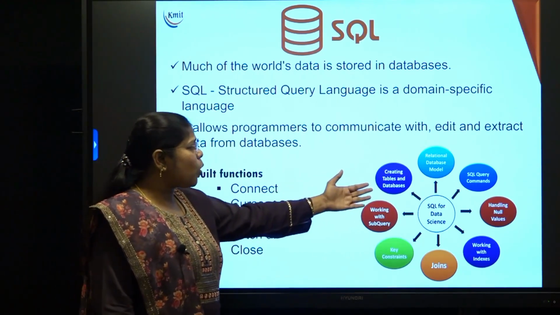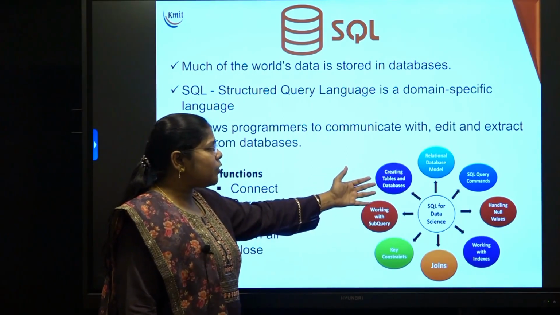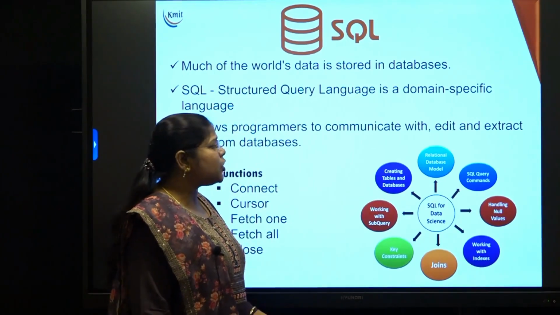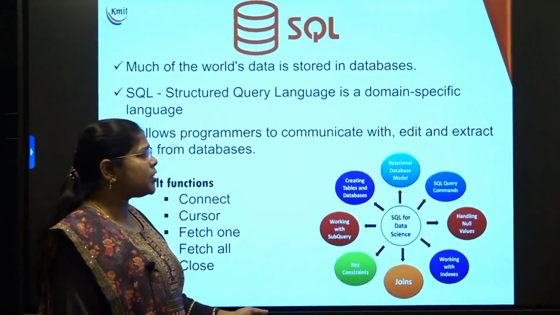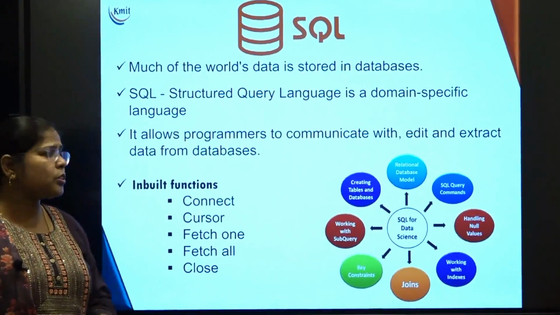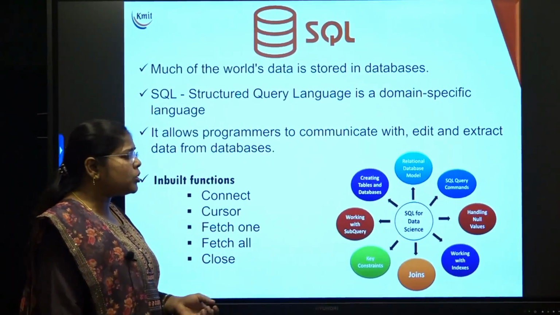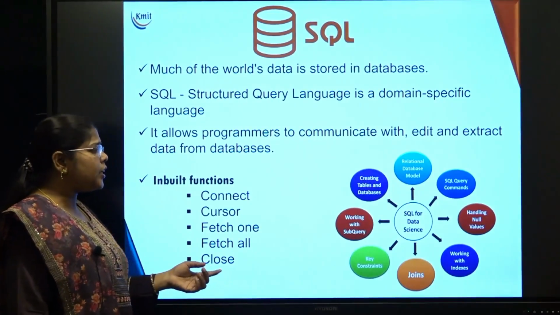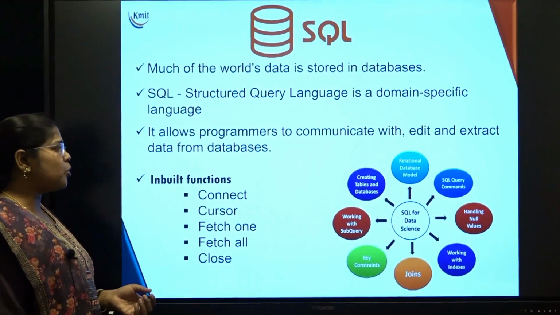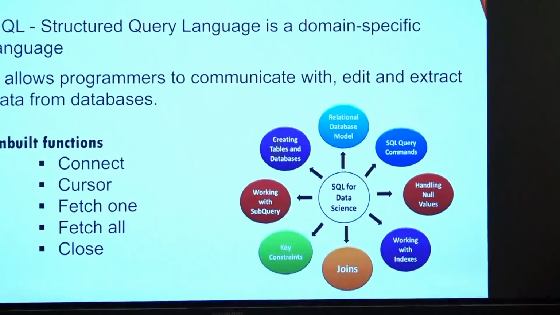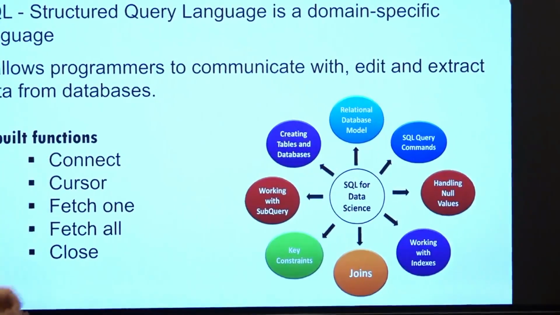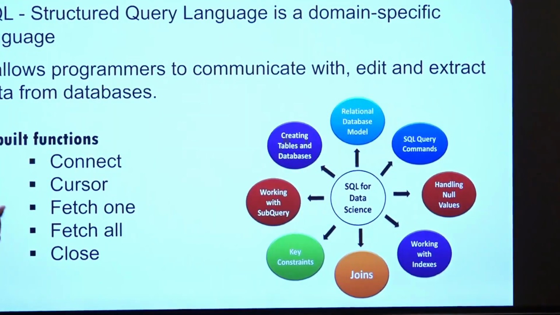So, we can see a lot of operations here. It can create tables, it can create relational databases, it uses query commands, it finds the null values, it knows the indexes of the data set, it joins the different types of data sets, and many more. The inbuilt functions that we use in SQL are connect.